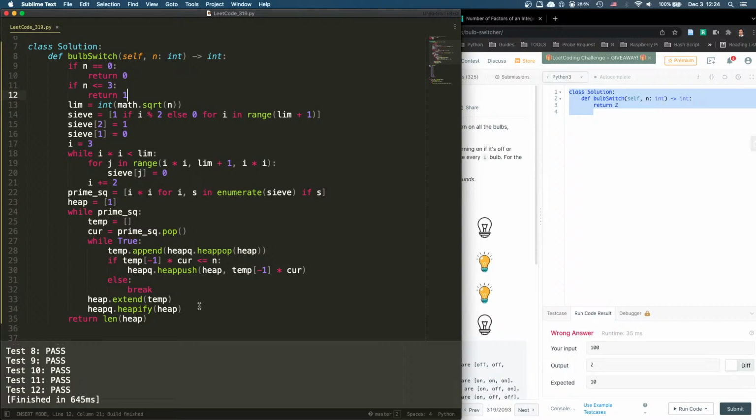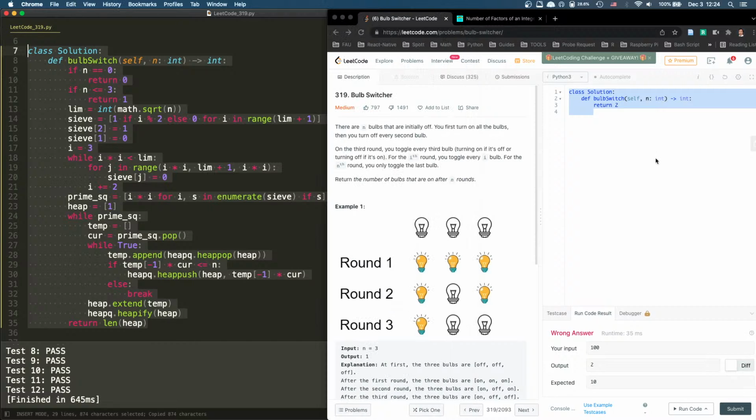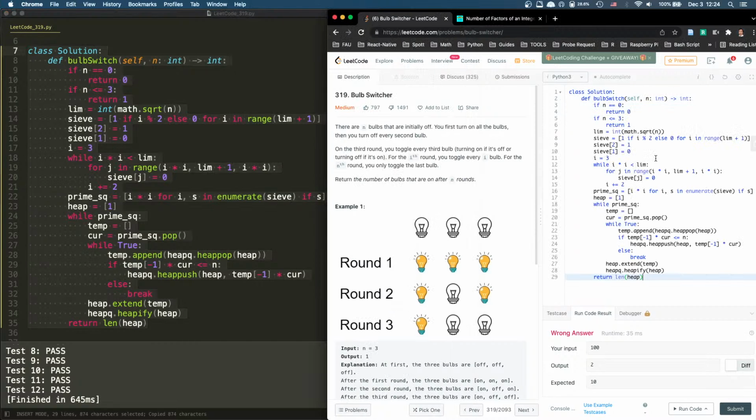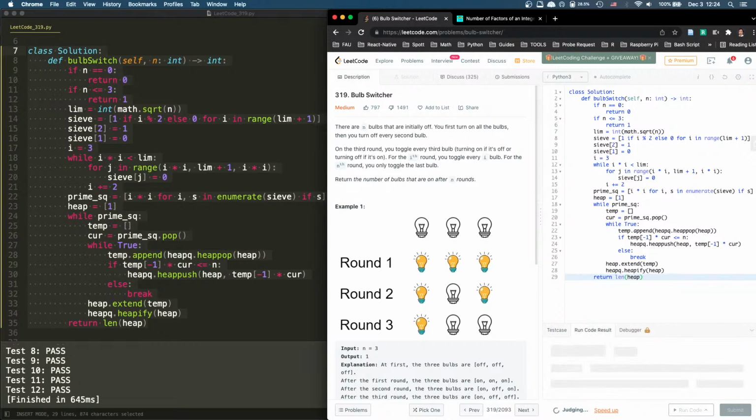Okay, everything passes. Oof. The real challenge is given a large value, see how fast it can go. That is not how I'd expect.